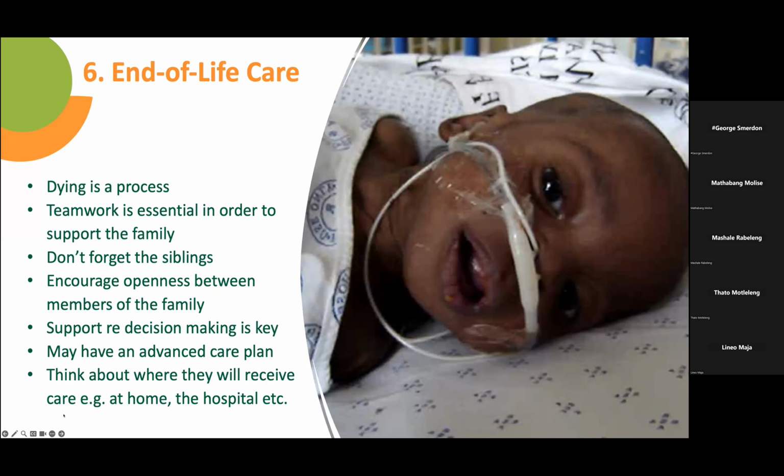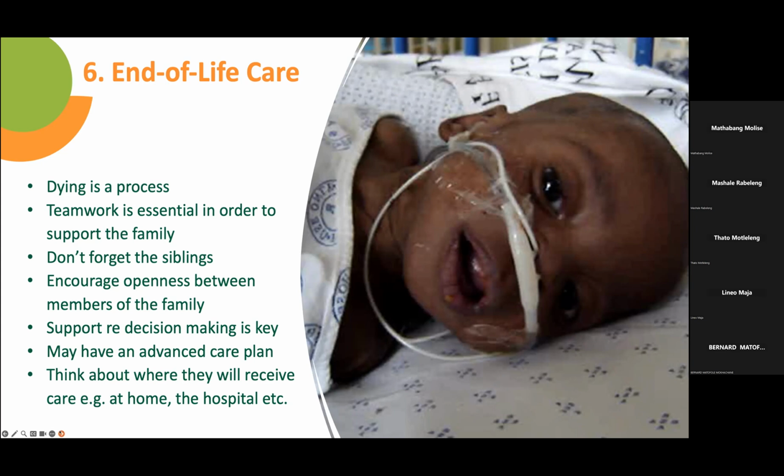We know that dying is a process, and whilst palliative care is not all about end-of-life care, we know that end-of-life care is a core component. How can we ensure that the families have the best experience of the end-of-life care that is possible? Do we have opportunities for advanced care planning? Are we able to care for them at home?